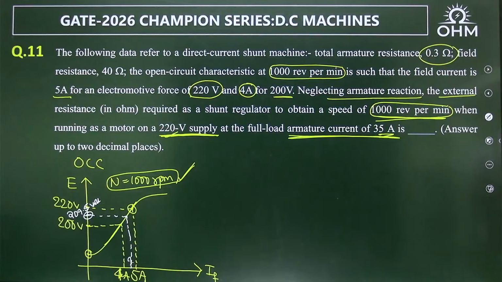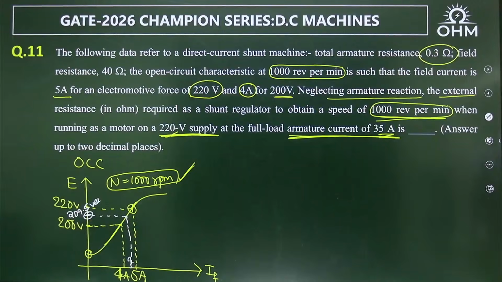Okay, 209.5 minus 160 by 10. 4.76. Is it correct? Everybody got the same? Come on, participate, guys. I gave you a linear relation: at 5 ampere current, EMF was 220. At 4 ampere current, EMF was 200.